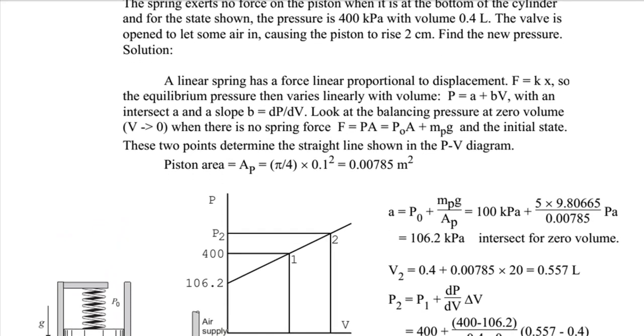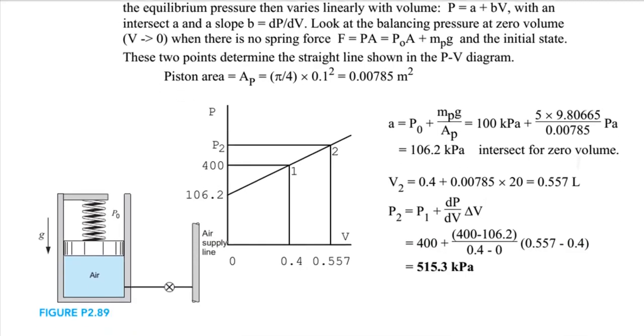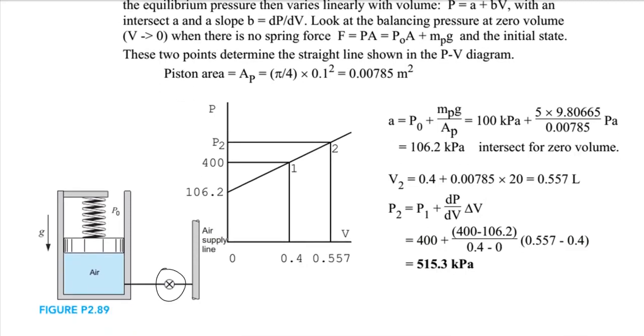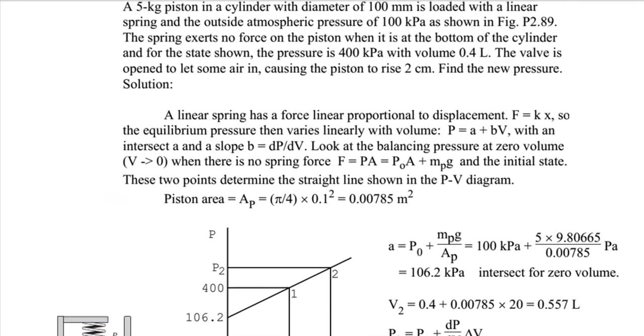Now for the first condition, the valve is open, so let the air in. There's a valve over here, so we have opened that valve, and we can let the air into the cylinder. Now the piston would be rising, and that piston is rising by 2 centimeters.